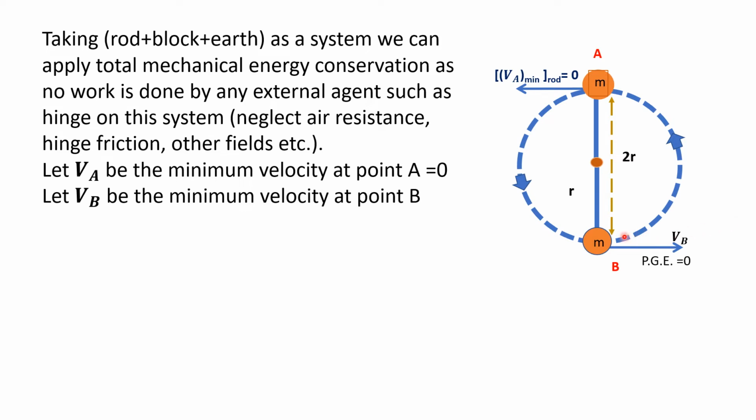Now we know that when the point is moving from the bottommost position to the uppermost position, its potential energy increases, and when the point is moving from point A to point B, its potential energy decreases.